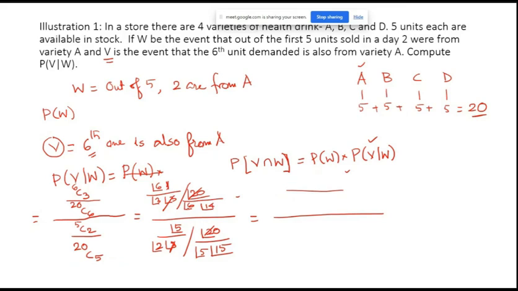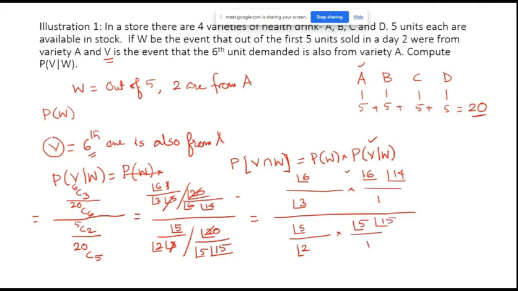We have 6 factorial and 3 factorial. This goes up, so you have 6 factorial, and here you have 14 factorial, and this 20 is already cancelled, so this is divided by 1. And here I have 5 factorial by 2 factorial, multiplied by 5 factorial, and then 15 factorial also comes up.